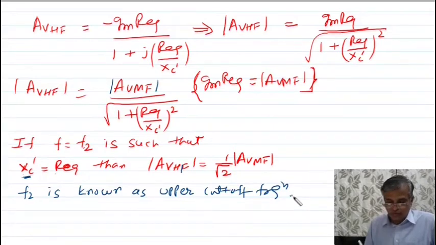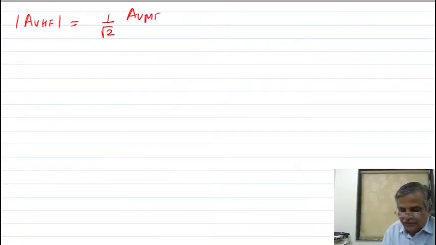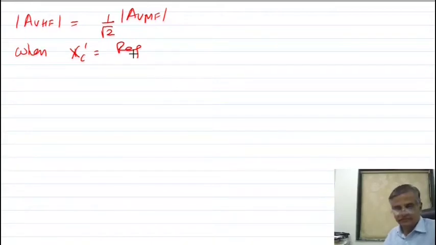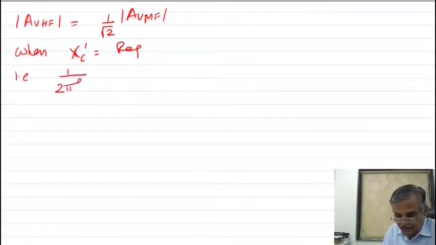Let us see how you can find it. Gain at high frequency is 1 by root 2 times gain at the mid frequency when XC dash is equal to R equivalent, that is 1 upon 2 pi f2 C is equal to R equivalent.